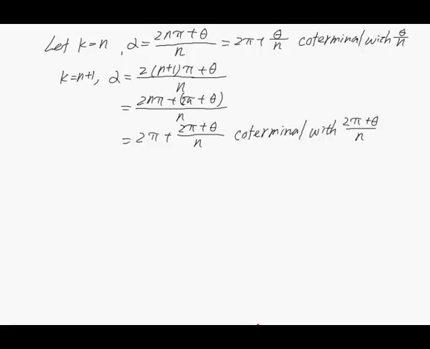So now, totally we have the nth roots of this z equal to r times cosine theta plus i times sine theta, given by this expression.